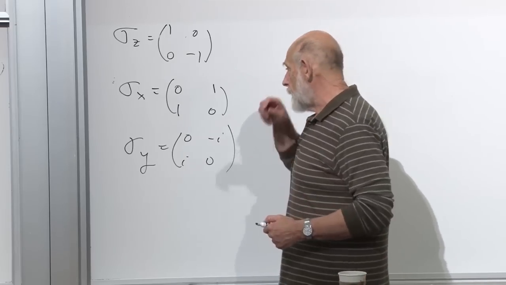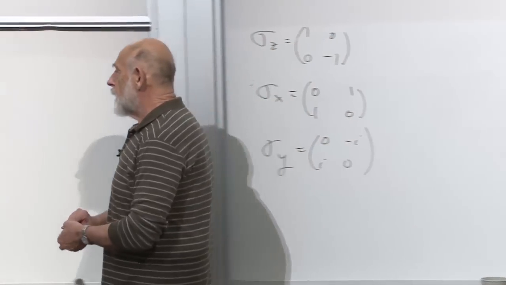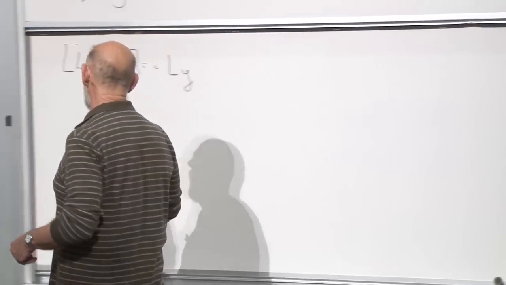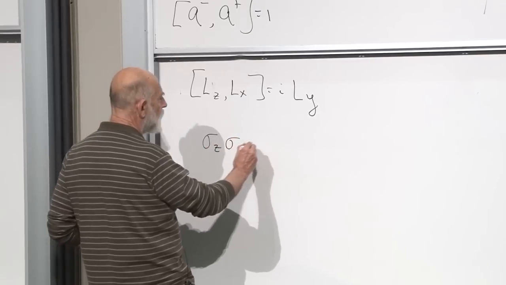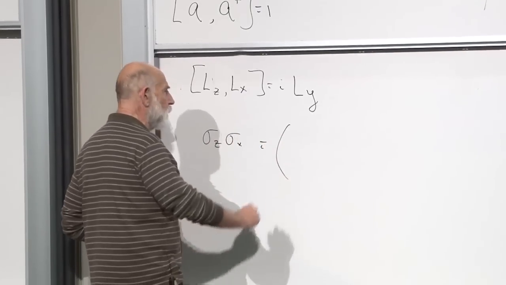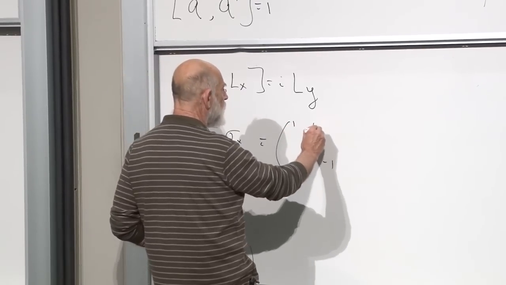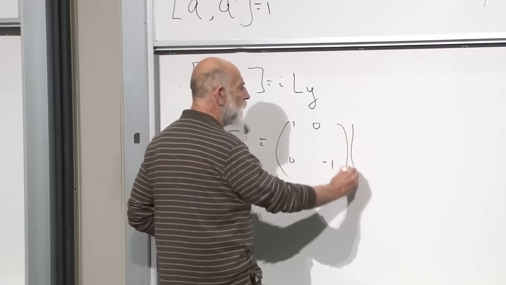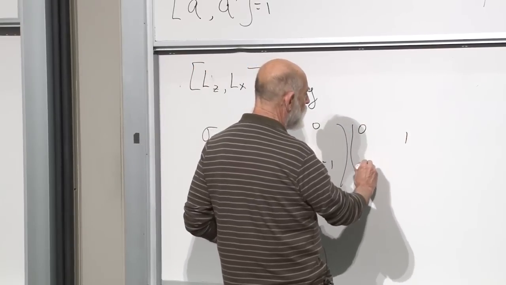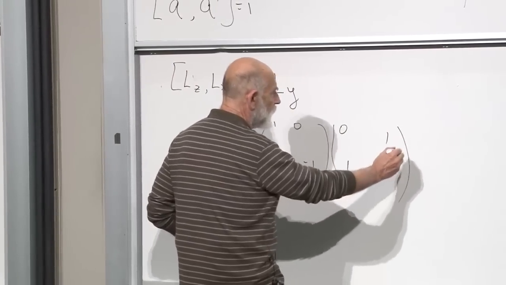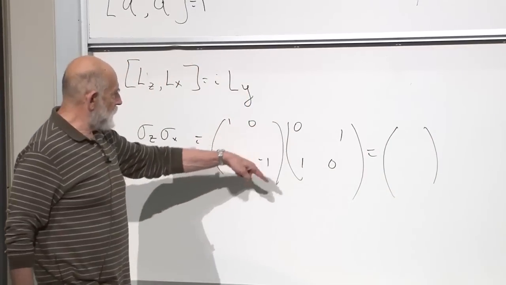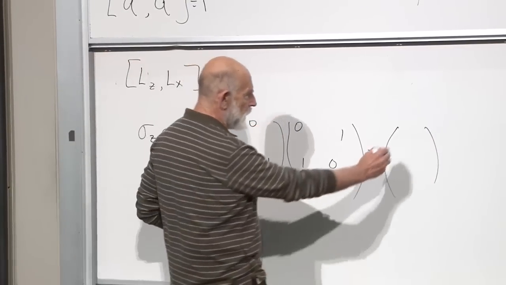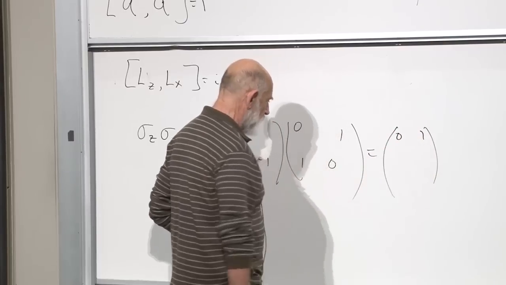Okay, let's check the commutation relations. Let's multiply sigma z by sigma x. That's equal to the matrix (1, 0; 0, -1) times (0, 1; 1, 0). This times this is 0. This times this is 1 up in here. 0.